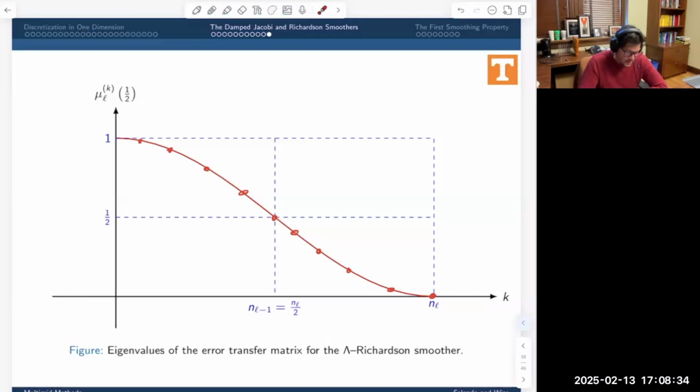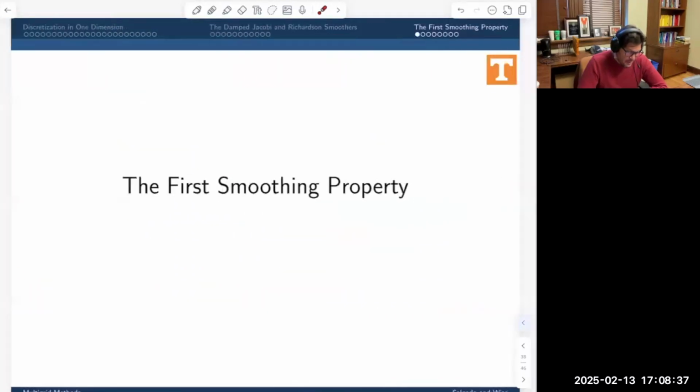Okay, so now if we use the lambda Richardson method as our smoother, then in the context of the multigrid theory, we should be able to show a smoothing property for this.